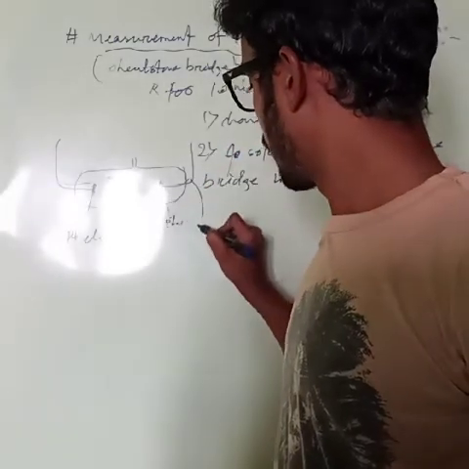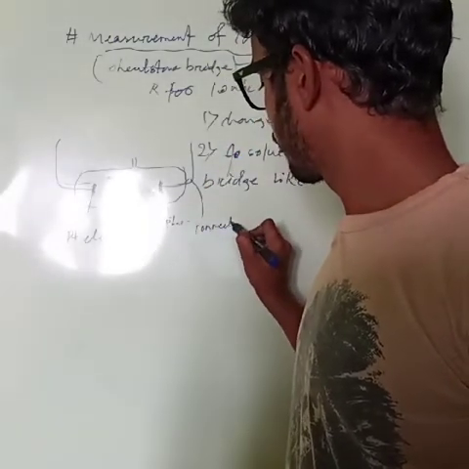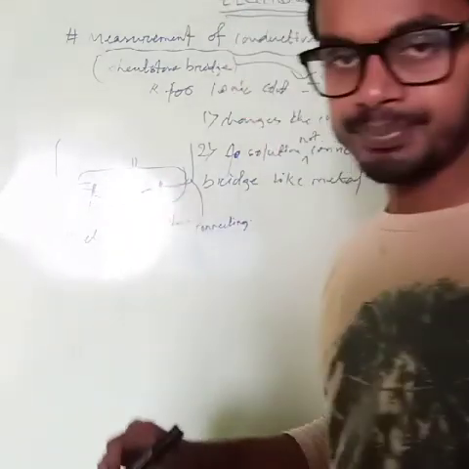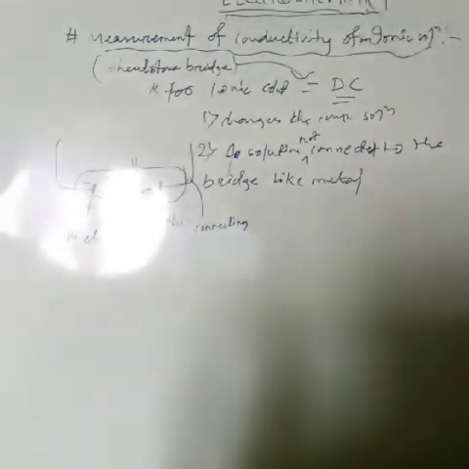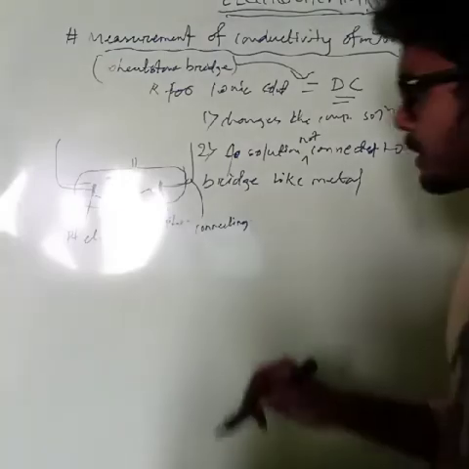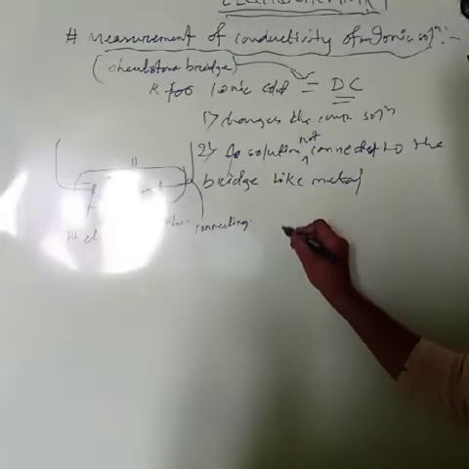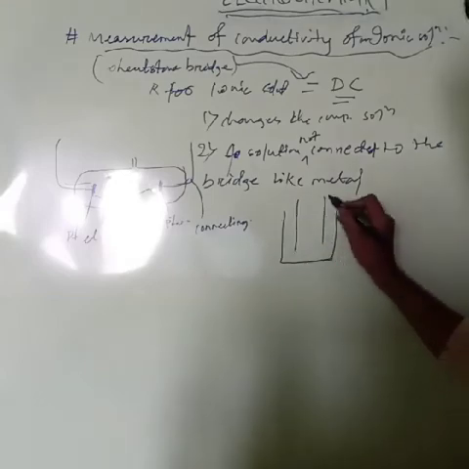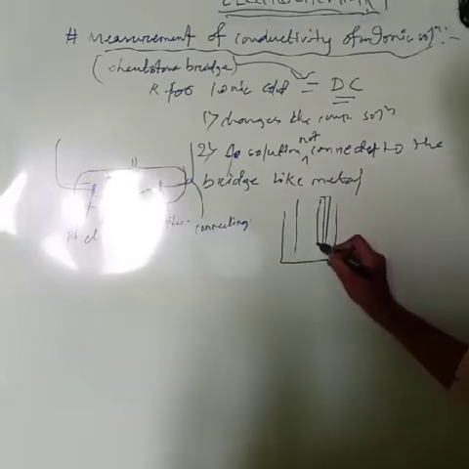These are the connecting wires, and the distance is L. Another type of device will be like this, where the platinum electrode will be at the bottom.